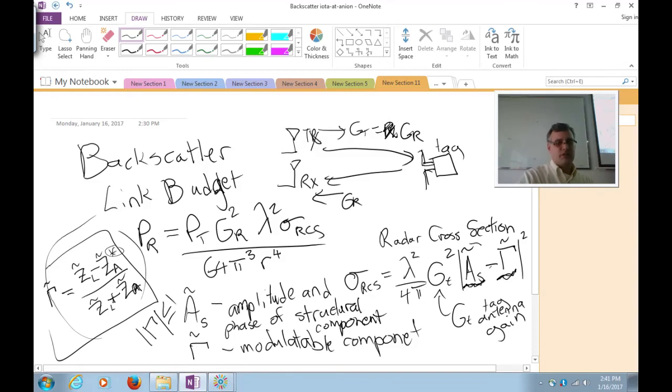That may not be the case for A sub S. A sub S could conceivably have a magnitude greater than 1. There are some antennas out there, like dish antennas, whose structural component is so large you can't possibly tune it out by electrically changing the feed element's impedance. Anyway.